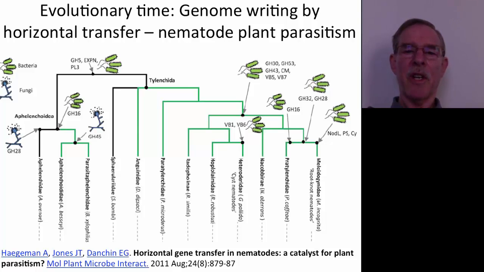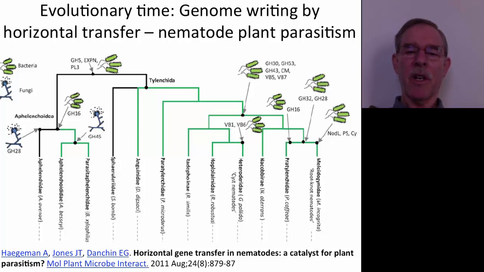And this is shown here in an example of plant parasitic nematode worms, which need to digest the plant material that they're going to use as their food source. And rather than evolving their own hydrolytic enzymes for digesting plant polymers, they've acquired them from bacteria or from fungi.